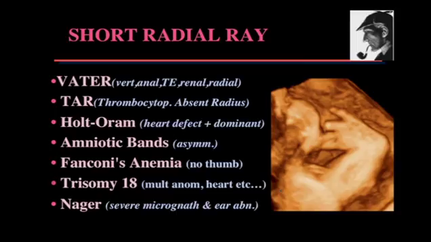Now, going on to another feature, the short radial ray. We talked about Nager syndrome being the autosomal recessive syndrome where you have not only a short radial array, but you have severe micrognathia. So that's the way you would nail that diagnosis.